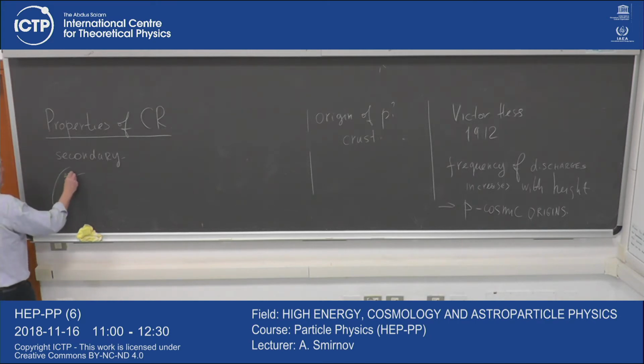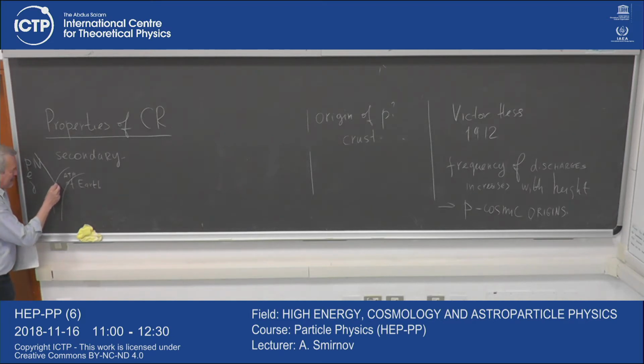So this is the atmosphere of the Earth. Primary cosmic rays usually interact somewhere close to the upper layers of the atmosphere, let's say distances of 15 to 20 kilometers from the Earth. Those are protons, nuclei, electrons, and also can be gammas. They produce secondary radiation, which propagates, and this is what we are detecting close to the surface of the Earth.